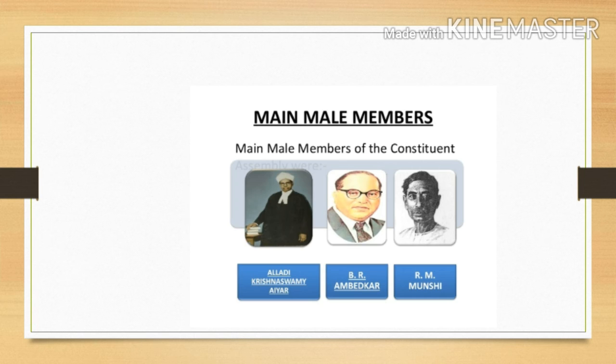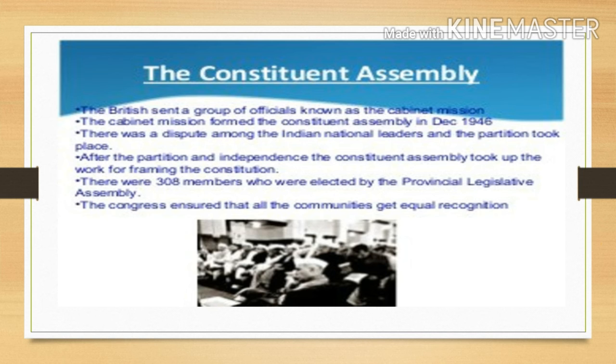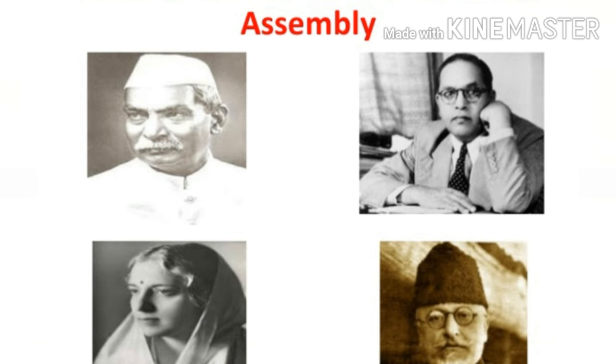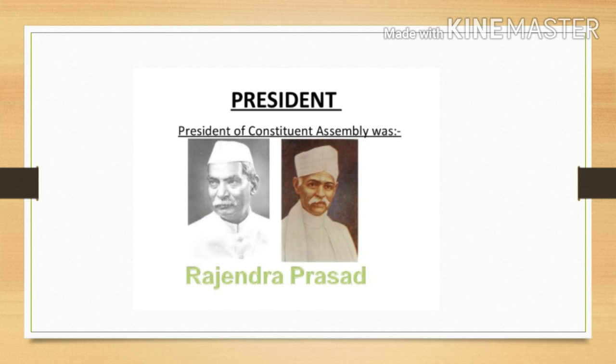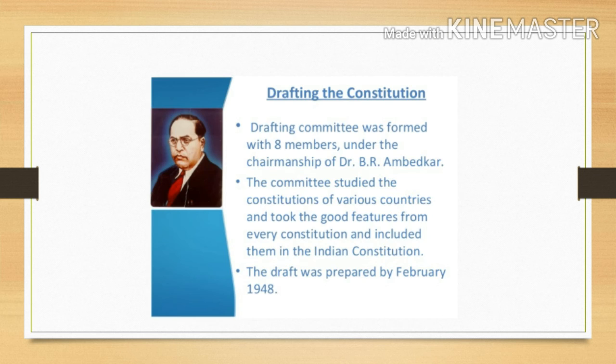And these are the main male members, that is B.R. Ambedkar, K.M. Munshi, Alladi Krishnaswamy Iyer. So all these members constituted the total 389 members of the Constituent Assembly.